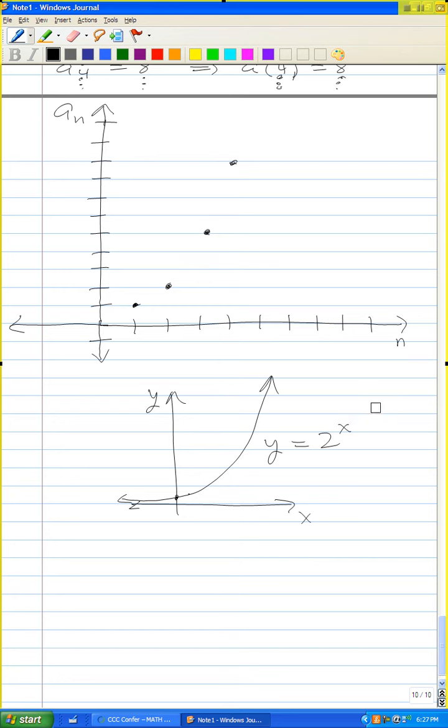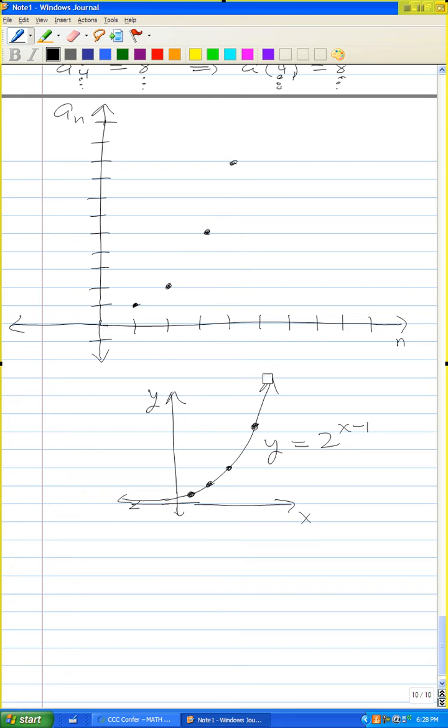So I just plugged in these 4 points along that curve.